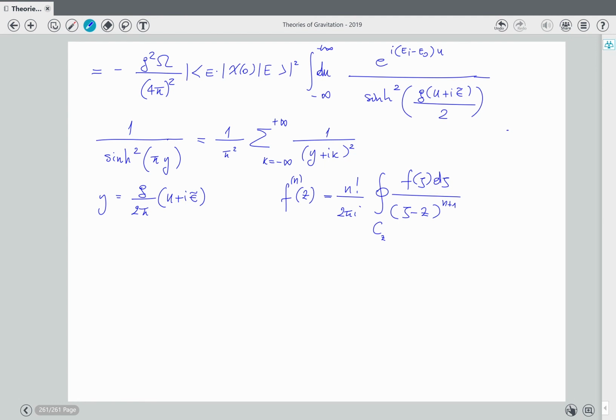So these are double poles, but it's not something particularly scary.